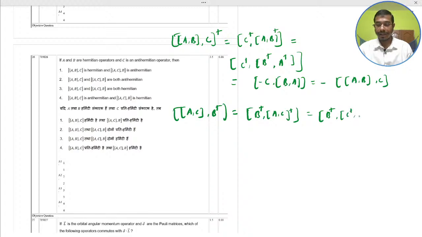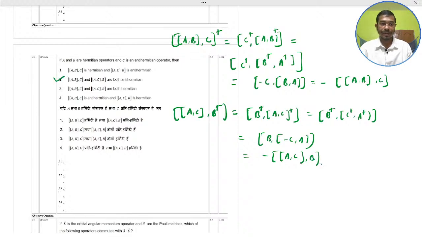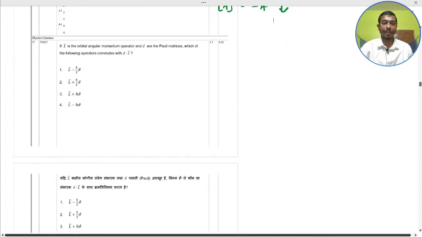Okay, C dagger, A dagger, that would be the B minus CA, that would be the minus AC and the B. So option 2 would be the correct, because the ABC and ACB are both annihilation, because the A dagger, the minus A annihilation, because in decreasing creation and the discretion. Go to the next question.